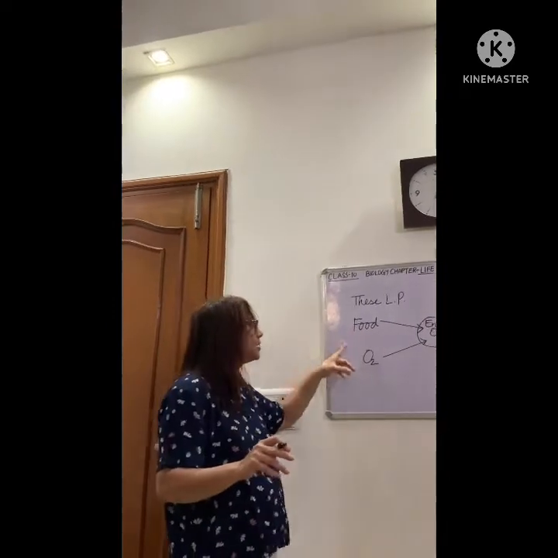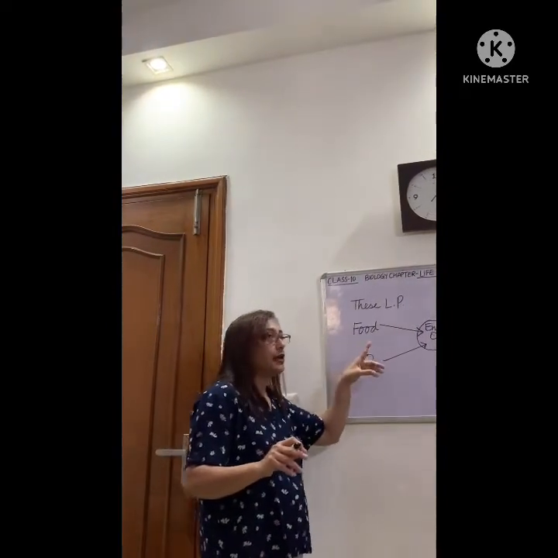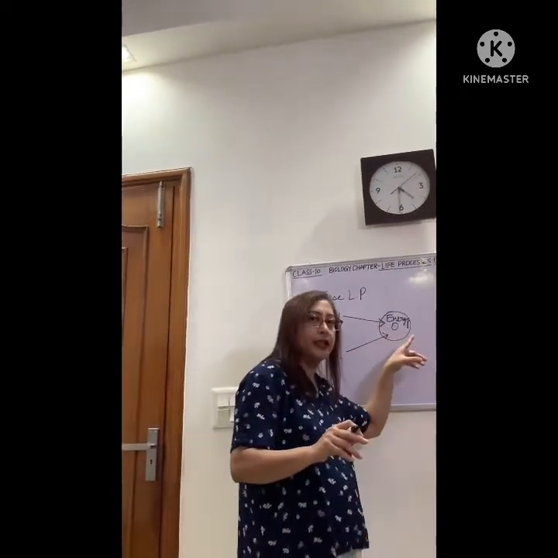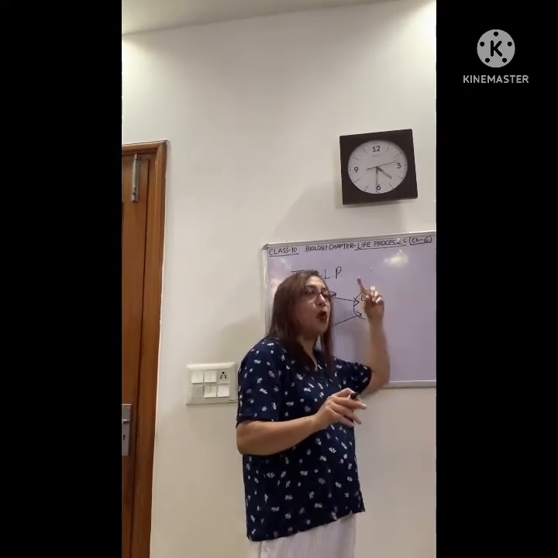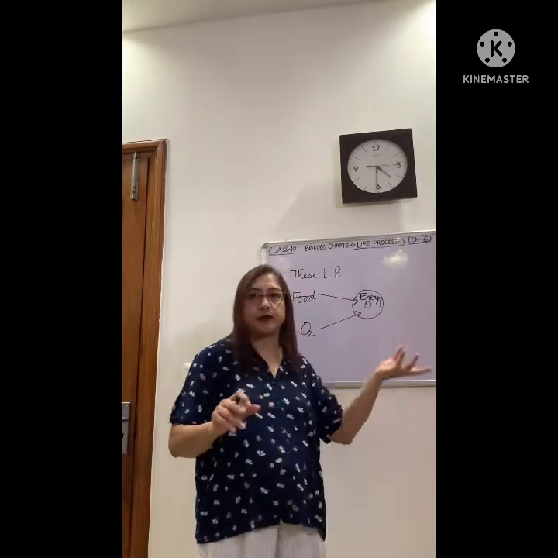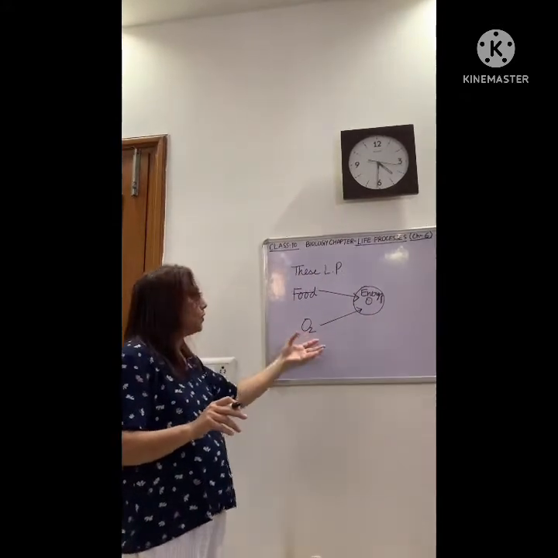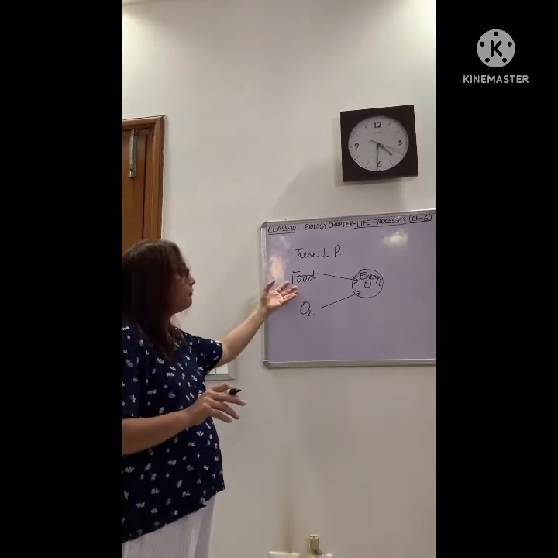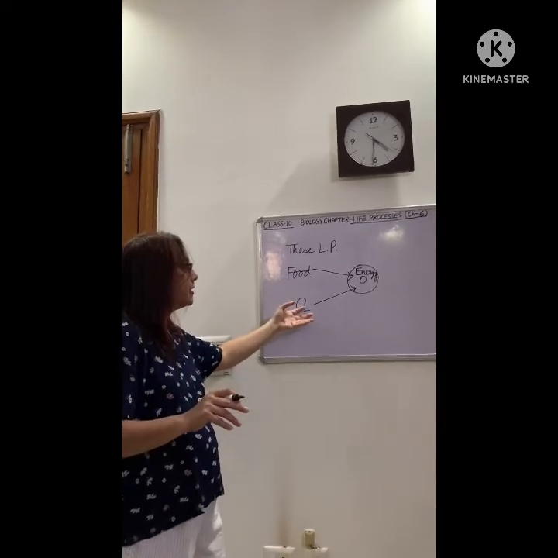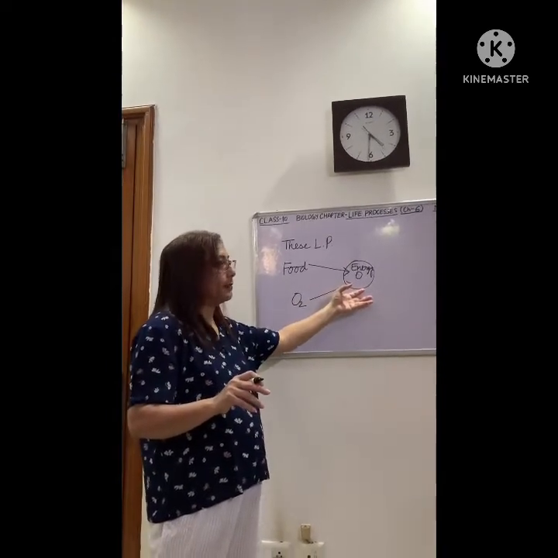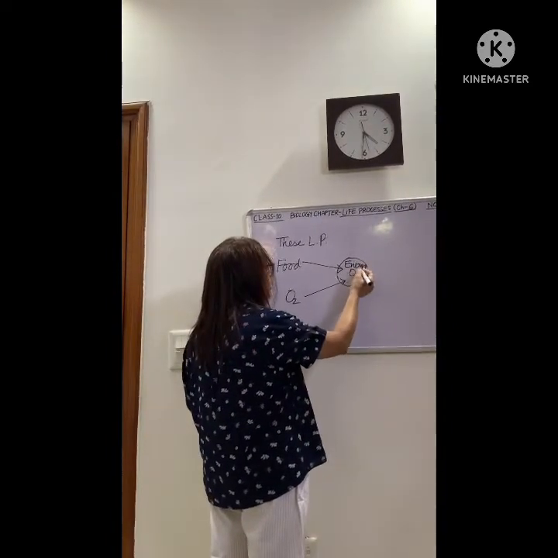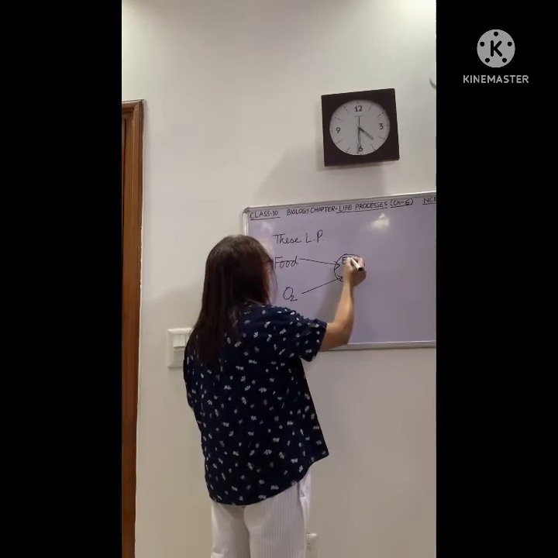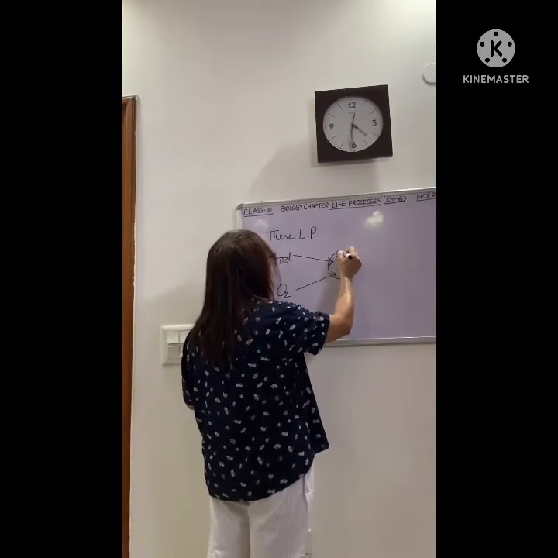So these two things must be doing something in the cell which helps the cell to do all the various life processes. The food and the oxygen are taken up by the cell, and this helps in producing energy, and this energy is utilized.